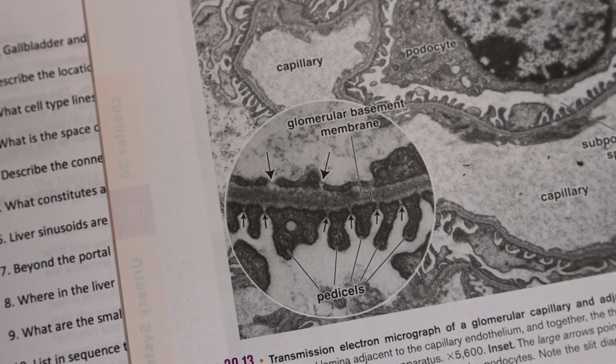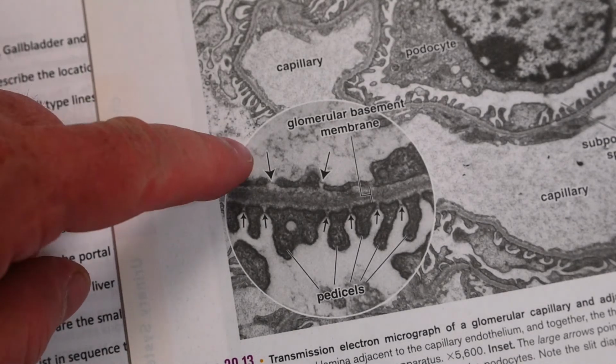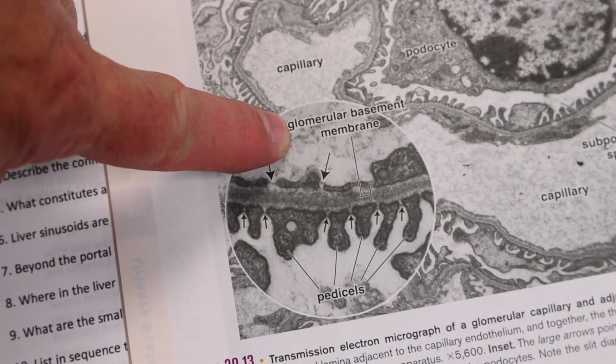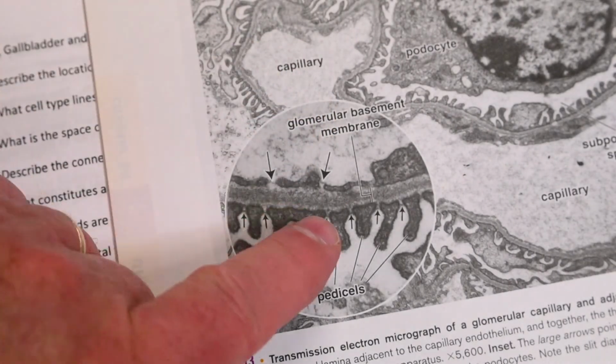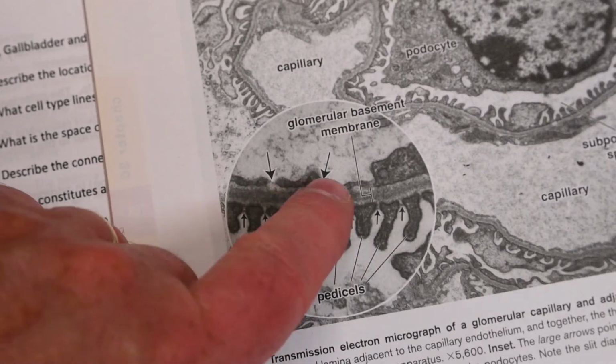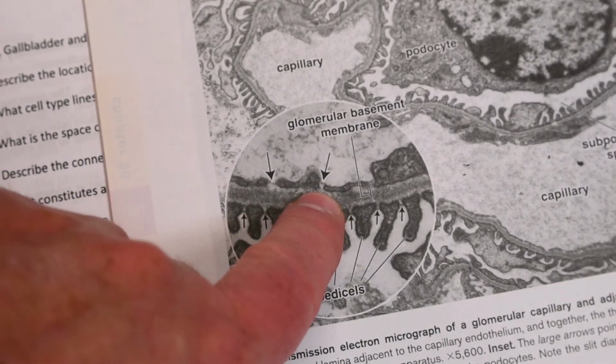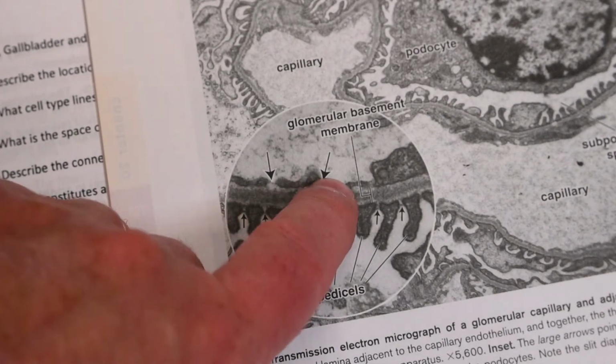In this illustration in the book, the filtration membrane is shown with all three parts. This would be the blood plasma side here. It shows the tiny spaces that go through the endothelium, the fenestrations.